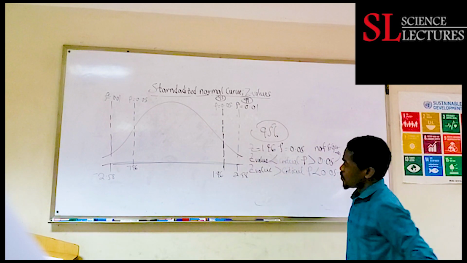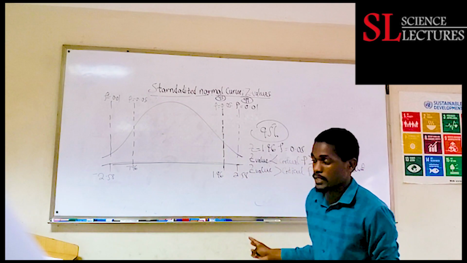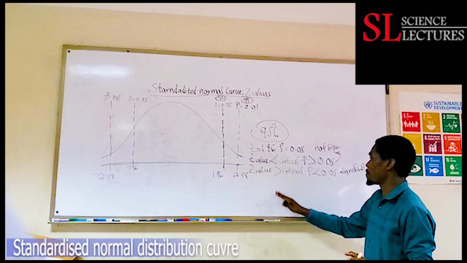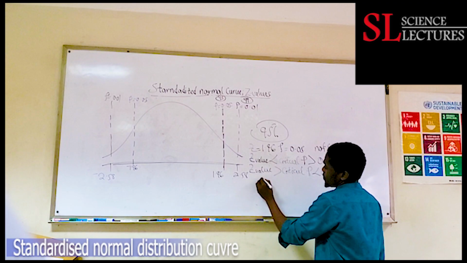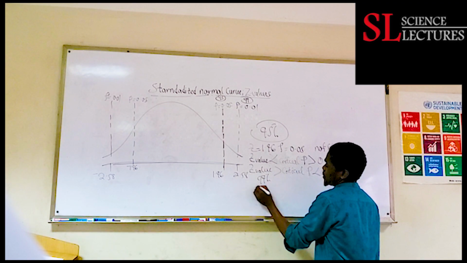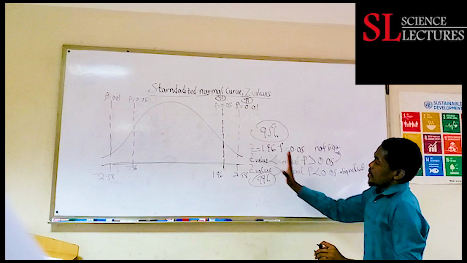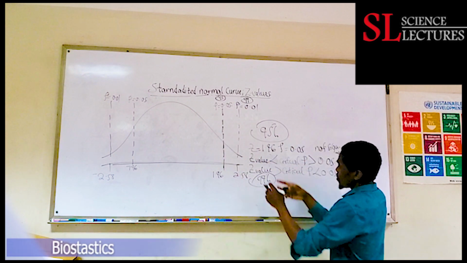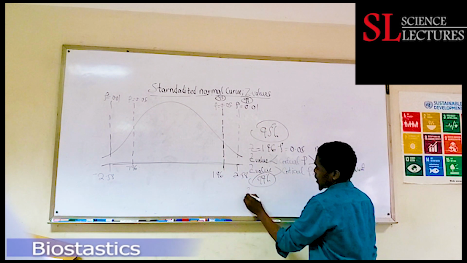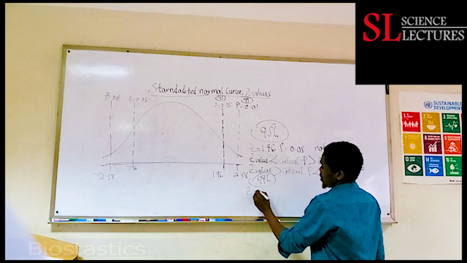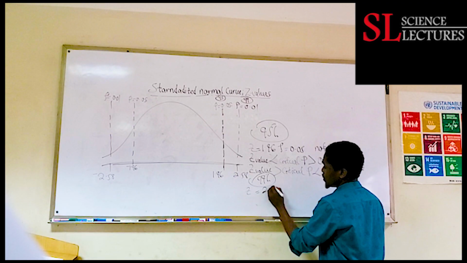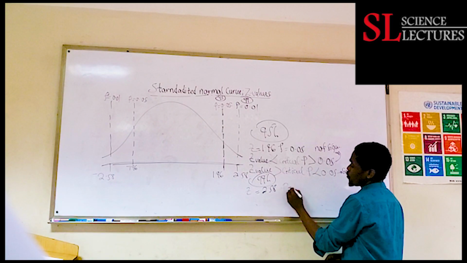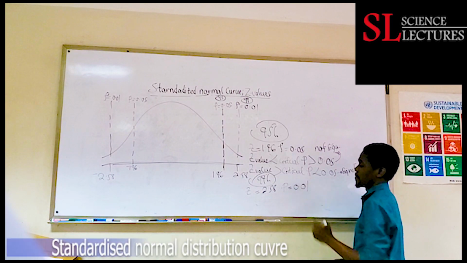So we're going to see the same thing at 99%. Just a little variation happens, but the concept remains the same. So at 99%, we are still dealing with the same thing. If we get a calculated z value equivalent to 2.58, we'll say that the probability is equivalent to 0.01.